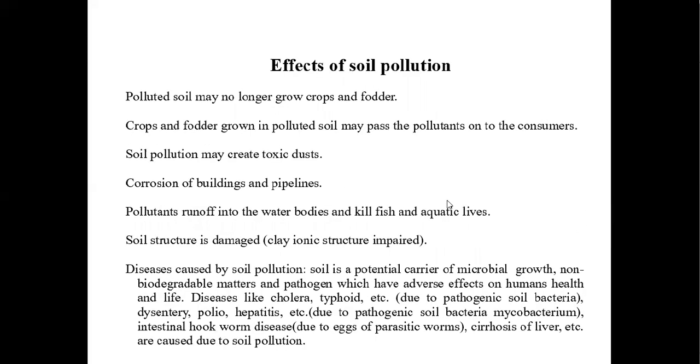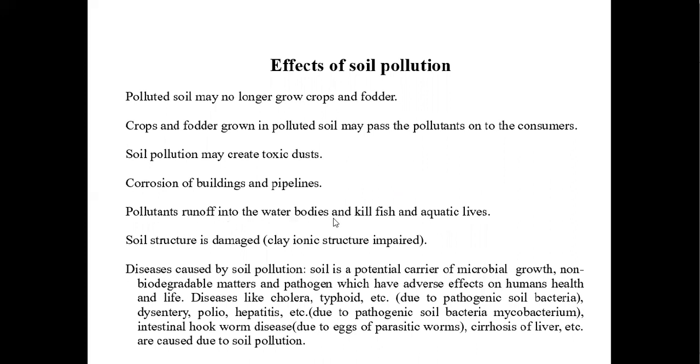Effects of soil pollution include that polluted soil may no longer grow crops and fodder. Crops and fodder grown in polluted soils may pass the pollutants onto the consumer. Soil pollution may create toxic dust and cause corrosion of buildings and pipelines.